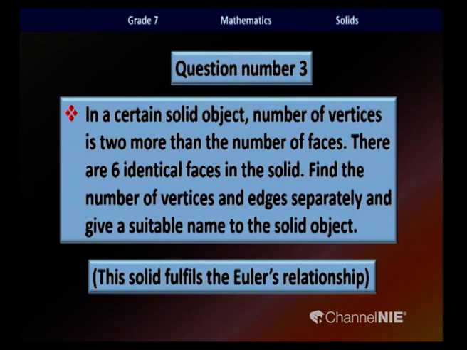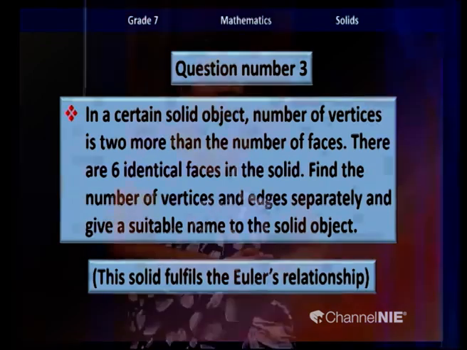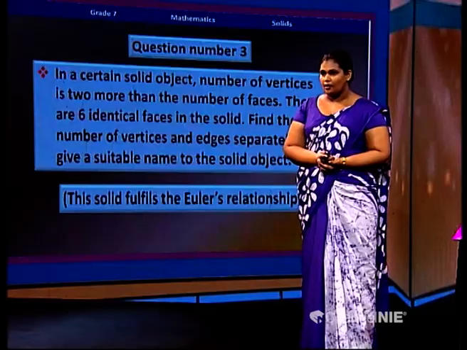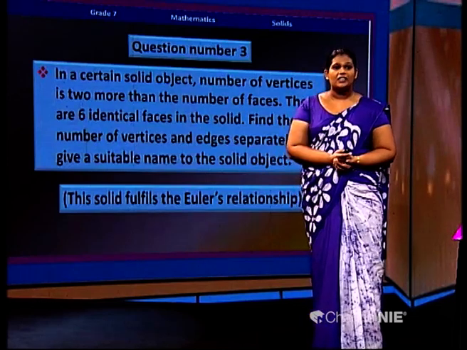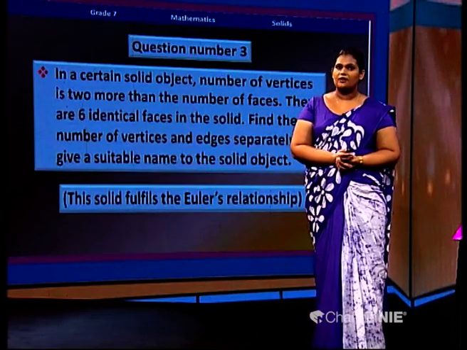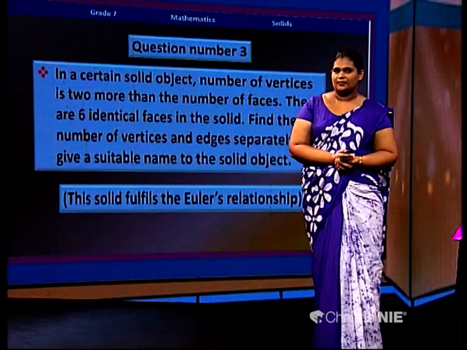We read the question once again. In a certain solid object, the number of vertices is 2 more than the number of faces. There are 6 identical faces in the solid.